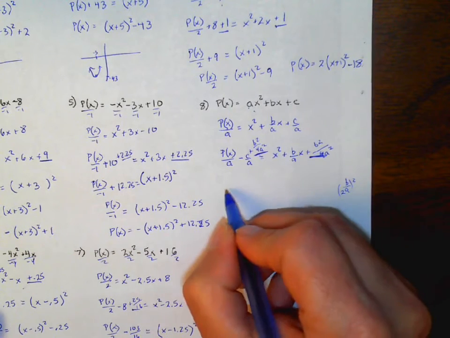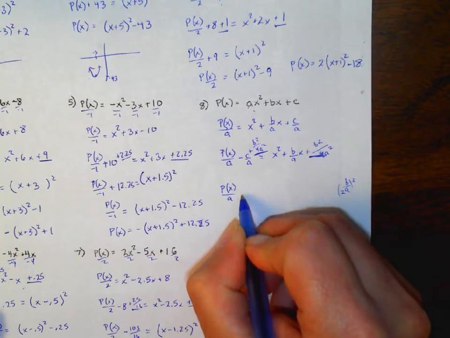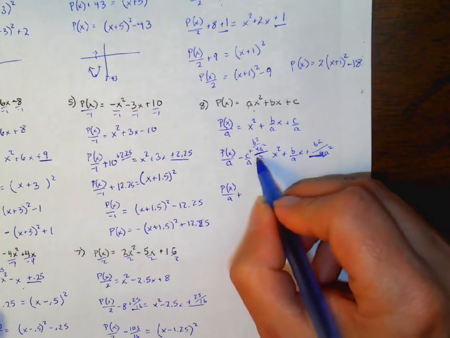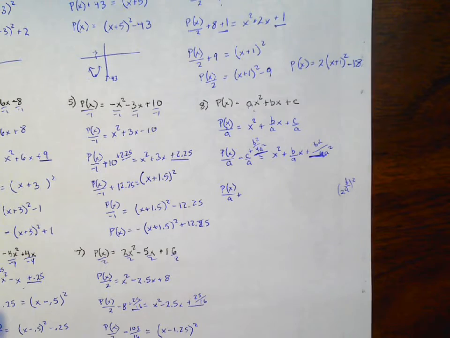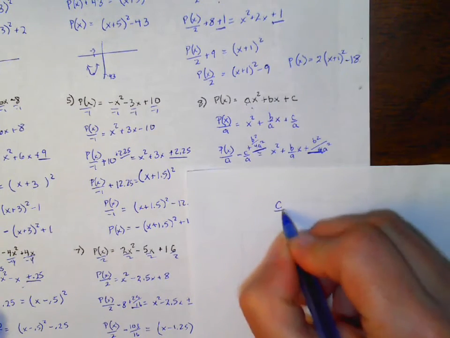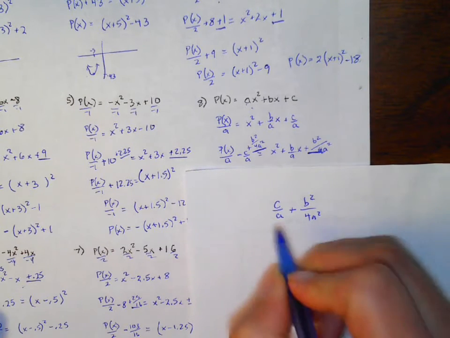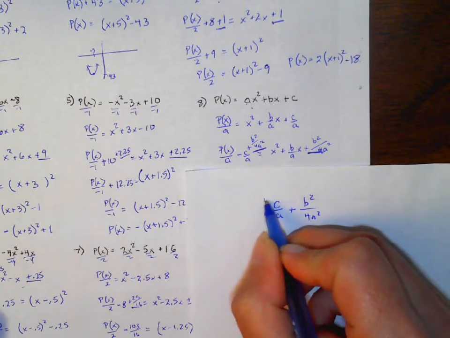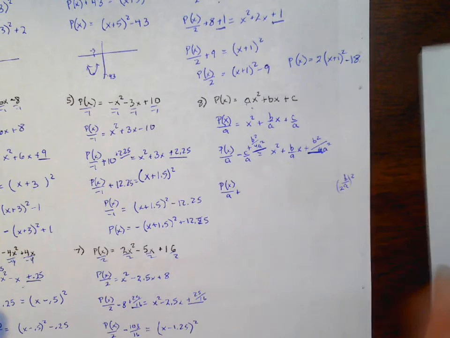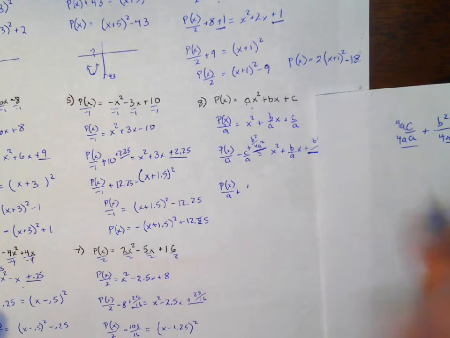Okay, so over here, this would be p of x divided by a. If I put these two together, now I could get common denominators. I don't know if you remember how to add fractions back from middle school, but c over a, if I'm adding that to b squared over 4a squared, if I multiply by 4a over here, now they're both 4a squared, right?